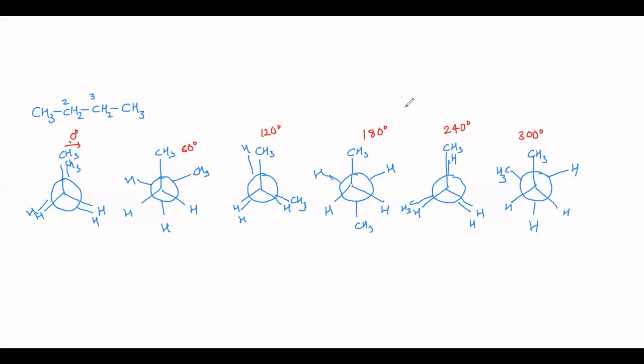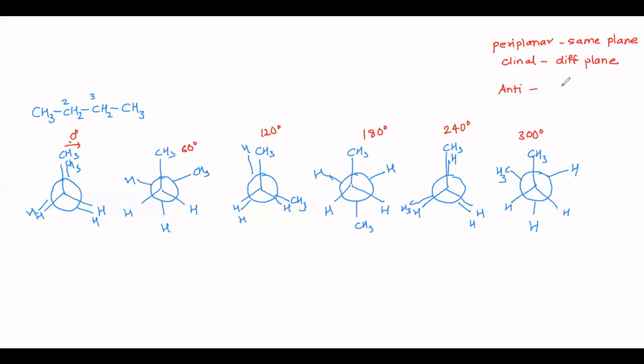Now in the case of the nomenclature of these conformations, we'll be using two words. One is the periplanar word. Periplanar means the two groups are in the same plane. And the second one is clinal, where we say they are in different planes. Also, two more words.